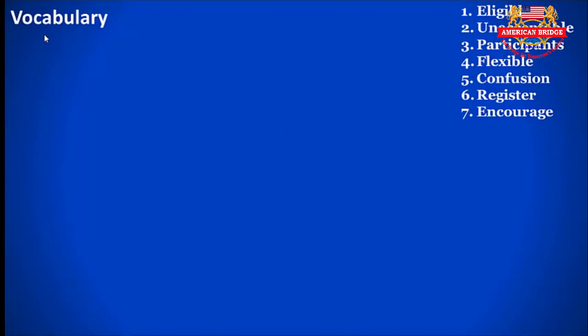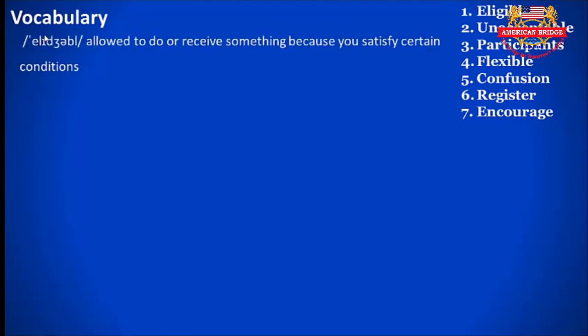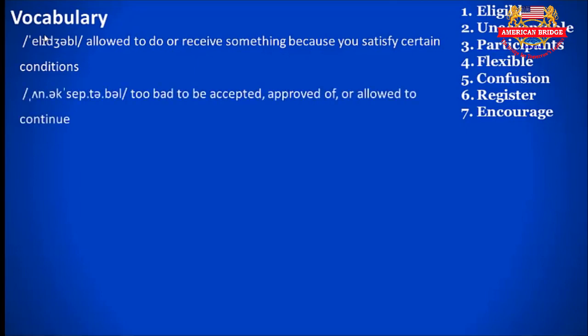You have learned these vocabulary words: eligible, unacceptable, participant, flexible, confusion, register, and encourage, right? The first one, eligible, means allowed to do something or to receive something because you satisfy certain conditions. Unacceptable means too bad to be accepted, approved of, or allowed to continue.